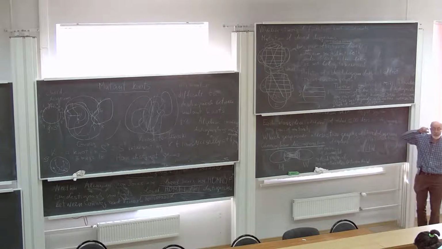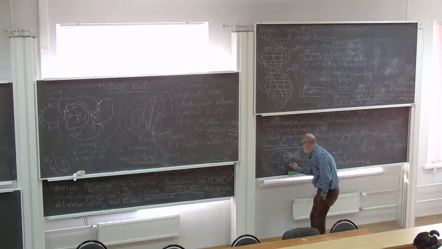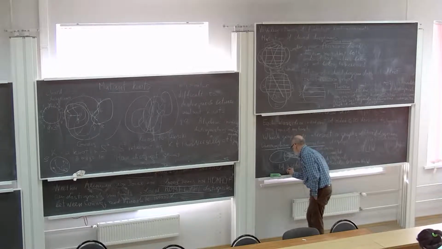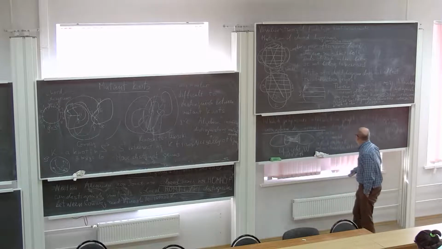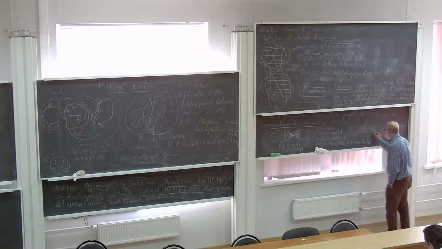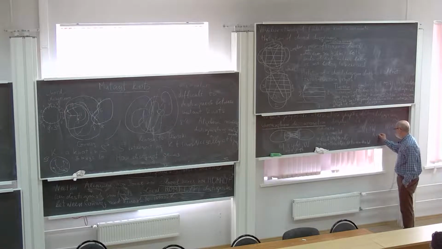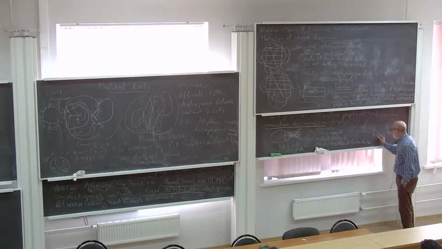Then we say that we have a split of a graph. And a graph is said to be prime if it admits no splits.